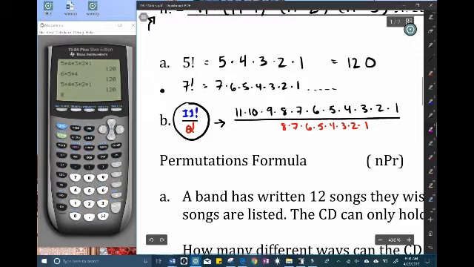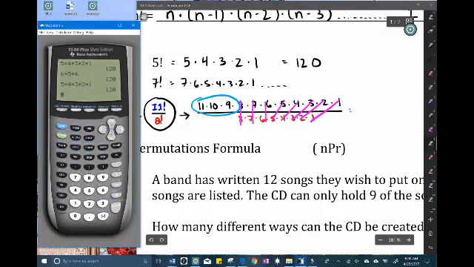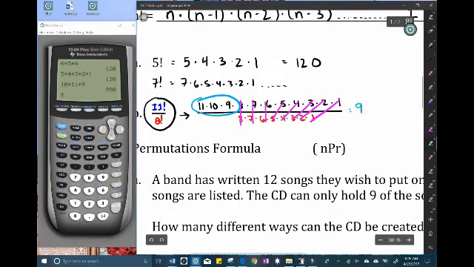We talked about multiplication, how things can cancel if they're in the numerator and the denominator. So the 8's cancel, the 7's, the 6's, the 5's, the 4's, the 3's, the 2's, and the 1. And really, all you have to do is 11 times 10 times 9. Hopefully you find this stuff is not too hard. I know I did it out of order there, but that should still work. 990 is what you would get if you did 11 times 10 times 9.